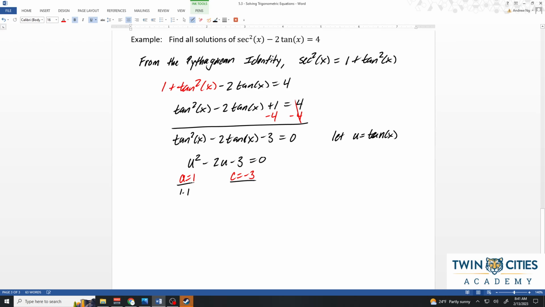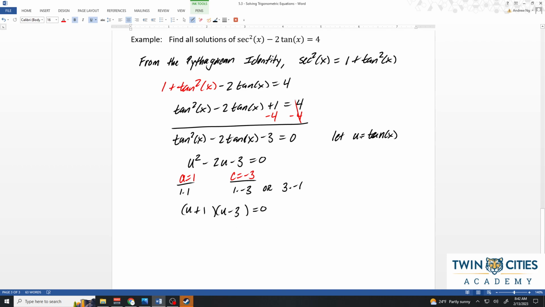Factors are 1 times 1, 1 times negative 3, or 3 times negative 1. All right, 1 times negative 3 would be negative 3. 1 times 1 is 1. Add those together. That gives you the negative 2 here. So this will factor to u here, u here, and 1 and negative 3 is plus 1 minus 3.